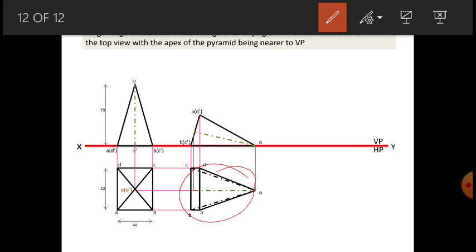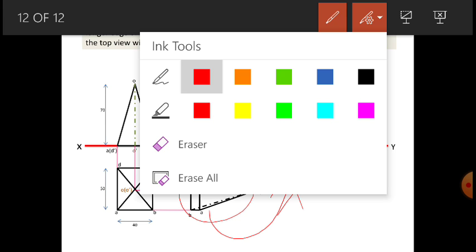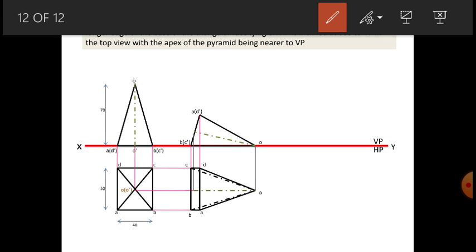So we have to draw it here like this at an angle of 60 degrees. We laid it and drew the top view. That same drawing is to be taken and drawn at an inclination of 60 degrees to the VP. You have to take the same dimensions, copy it, and draw it at an angle of 60 degrees.